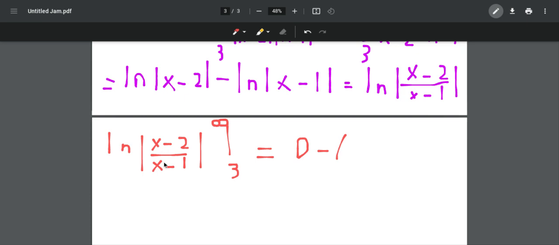And then minus, when we put in 3, we get 1 over 2. So we get natural log of 1 over 2.